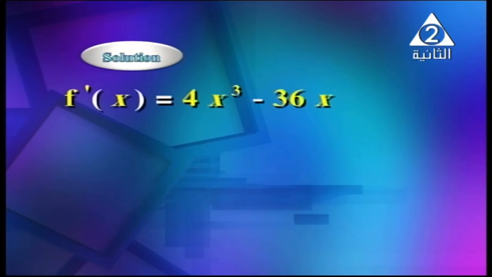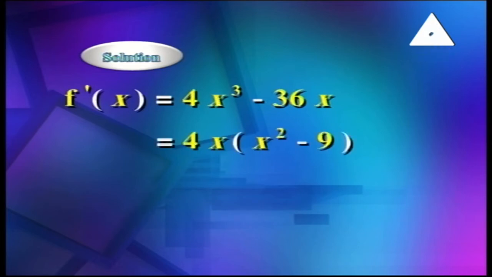First, f dash of x equals 4x power 3 minus 36x. By taking 4x as the highest common factor, f dash of x equals 4x multiplied by the bracket containing x squared minus 9.